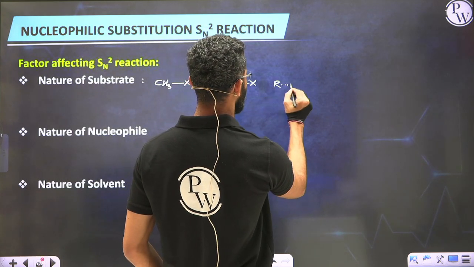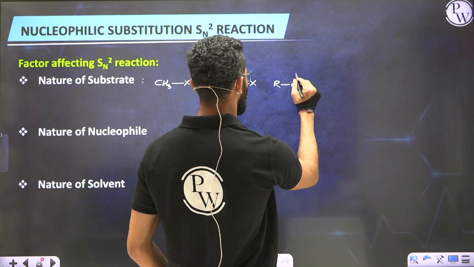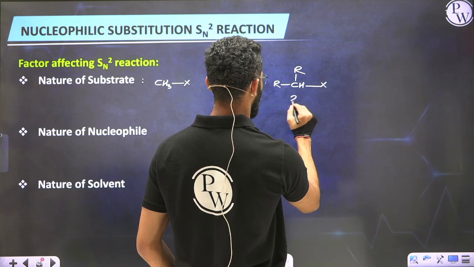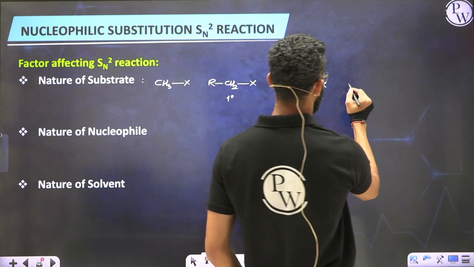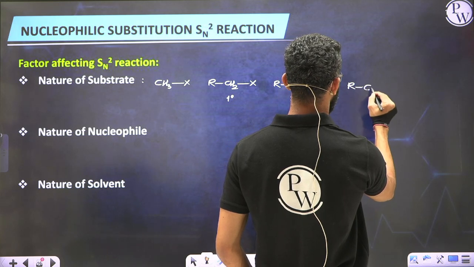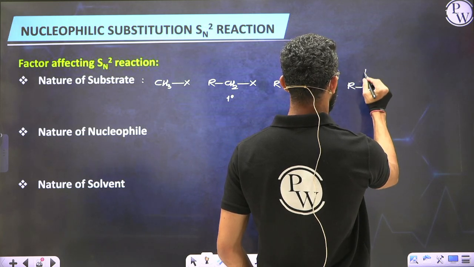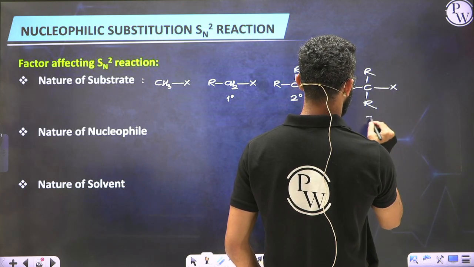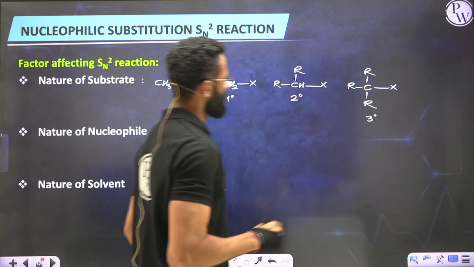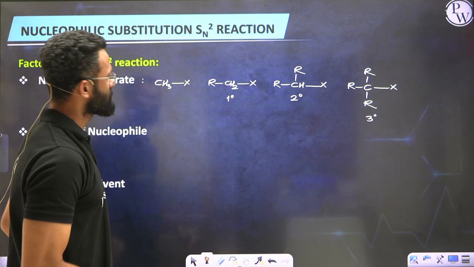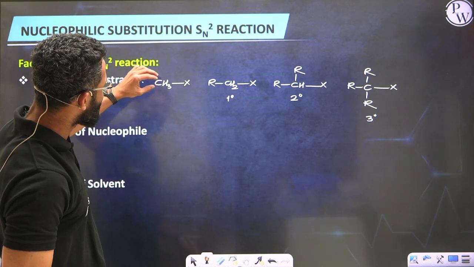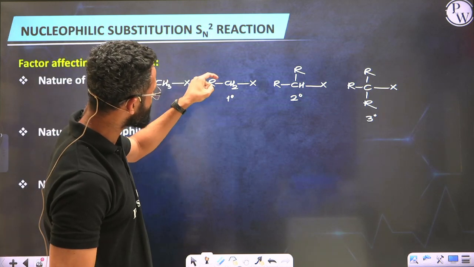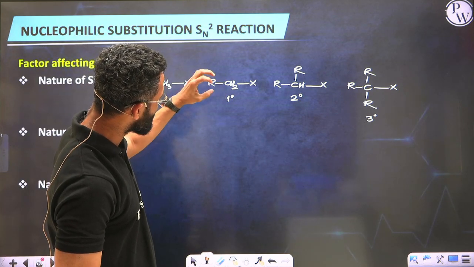Compared with secondary alkyl halide, compared with tertiary alkyl halide. Now if you see here, primary alkyl halide is the one where the carbon carrying the leaving group is least sterically hindered. In case of primary, once one hydrogen is substituted by one alkyl, there will be little steric hindrance.